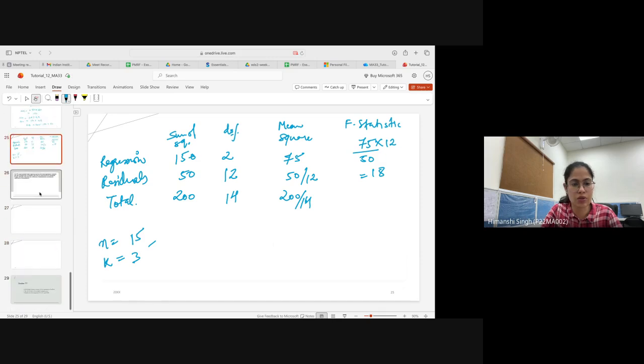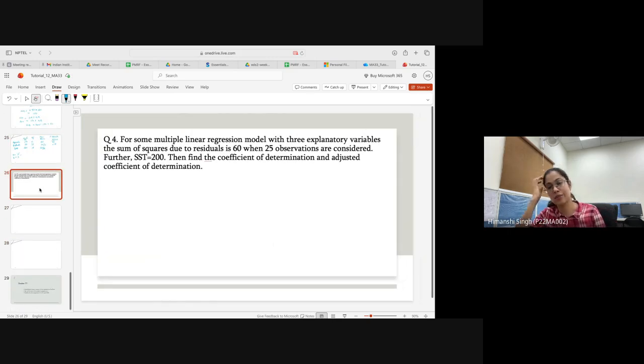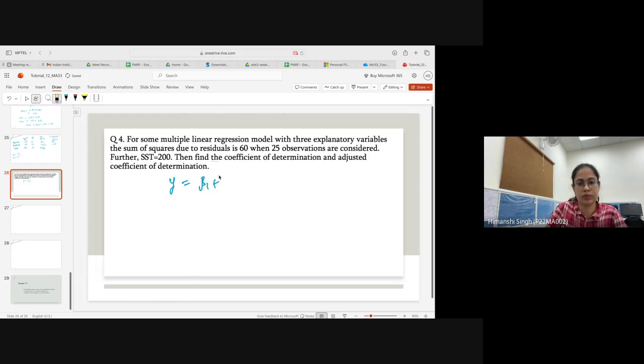So this will be our final question for the course, I think I can say, because this is our last live session. We have no more live sessions. This is the question where it is asked, for a multiple linear regression model with 3 explanatory variables. First write the model: y equals beta 1 plus beta 2 x2 plus beta 3 x3 plus beta 4 x4.